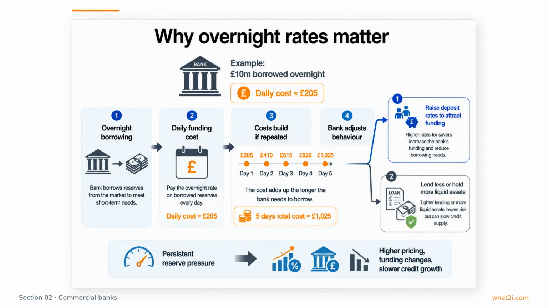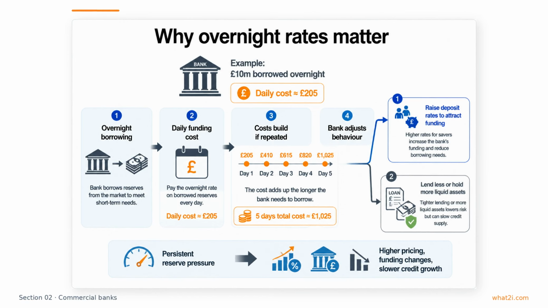Even small overnight funding costs matter when they repeat day after day. On a £10 million overnight loan at 0.75%, the daily cost is only about £205, which sounds minor in isolation. But if reserve pressure persists, those costs accumulate and begin to affect profitability.